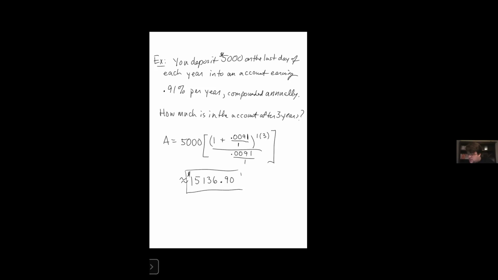And this answer does make sense. Small interest rate, $5,000 a year for 3 years, so it's only a little bit about $15,000. So that was the savings formula, which we used to figure out how a periodic deposit accumulates. But we could flip that around. We figured out how a periodic deposit grew after a certain time period.